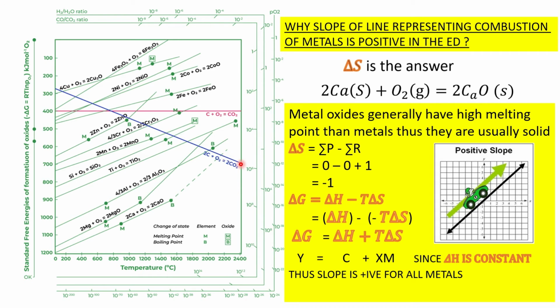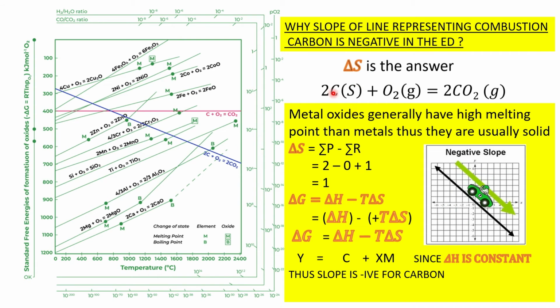Why is the slope negative for this oxidation of carbon into carbon dioxide? Let us check. In that case, this is your carbon, which is solid. This is oxygen, which is gas, and a complete balanced reaction will give you carbon dioxide, which is gas. Now, if you calculate the entropy change, delta S is the summation of the entropies of the products minus the summation of the entropies of the reactants.